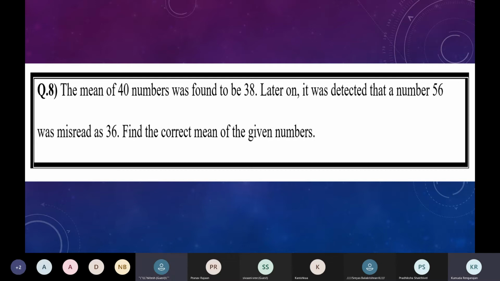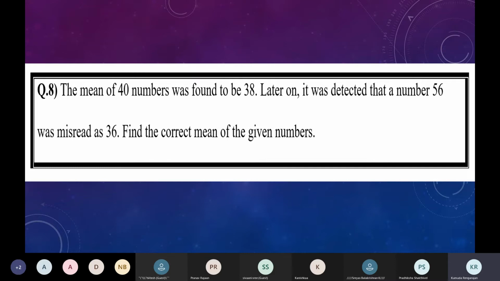No, children, just put yourself in this position. Say you found the sum of all the 40 numbers. You said 1520, right? Now you find that the number 56 was by mistake written as 36 in the paper.